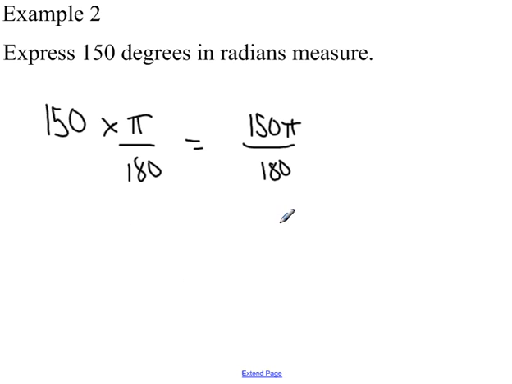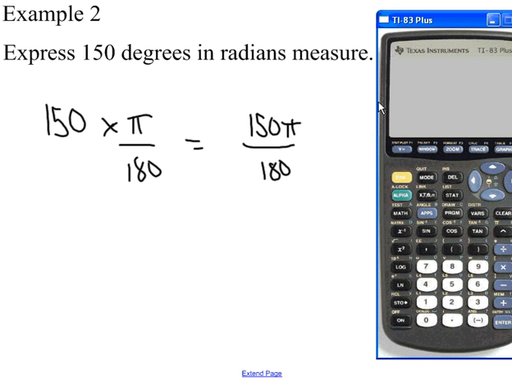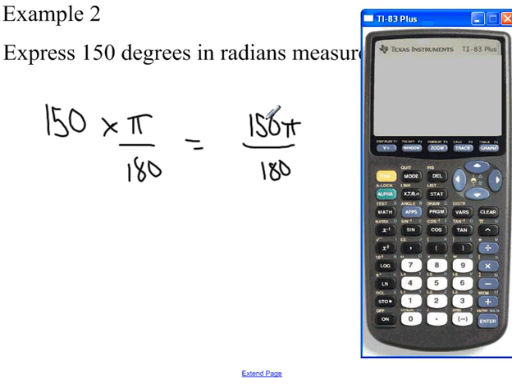Now look, you always want to give your answer in simplest form. So I want to reduce this fraction, 150 over 180. I'm going to use my calculator to do that. Let me show you how I can use my calculator to reduce this fraction. I'm going to write 150 over 180. I'm going to press math and then fraction, and the calculator reduces it for me.